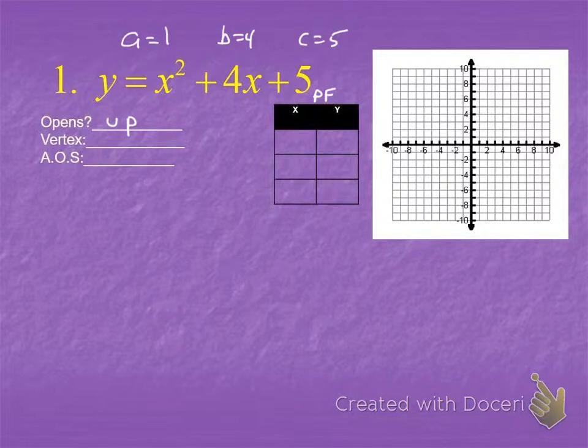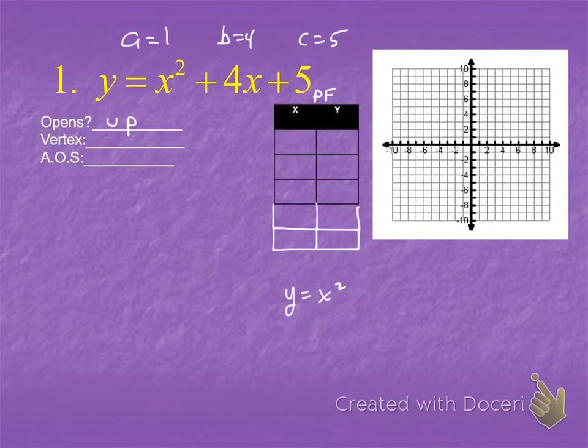The parent function, which is going to look like y equals x squared. And the adjusted parent function would be that we would use whatever a is. But since a is 1, we'll leave it like that. And I might go ahead and have you add a few rows to this to get as many points in here as we can to see what's going to happen, right?